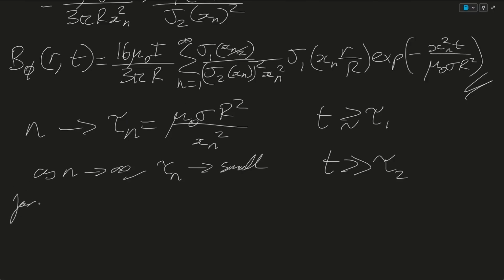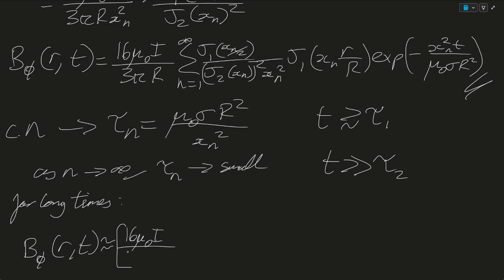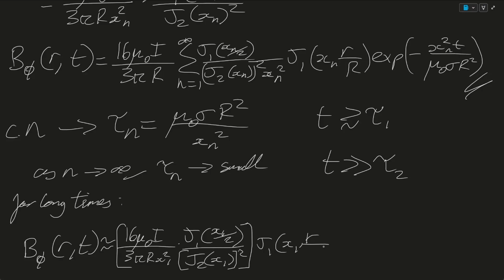So hence we can say for long times, I forgot to write that there, therefore B phi of r, t is roughly equal to 16 mu naught I over 3 pi r, x1 squared times j1 x1 over 2 over j2 x1 squared, I need to put that, squared, all of this times j1 x1 r over R times the exponent, this is our exponential decay factor, minus x1 squared t over mu naught sigma r squared.